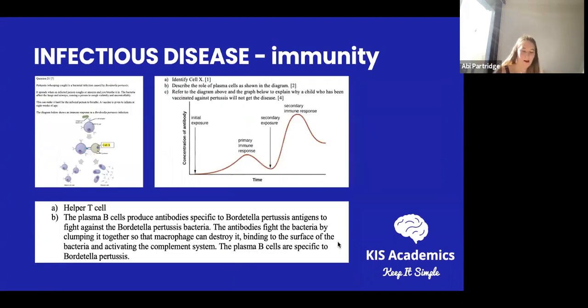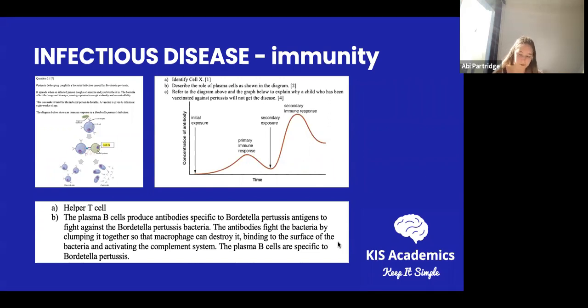Part A is pretty much just a simple identification question. It's a helper T cell. These cells come through and activate the B cells using cytokines, or more specifically interleukin 2. Okay, and then part B, the role of plasma cells as shown in the diagram.